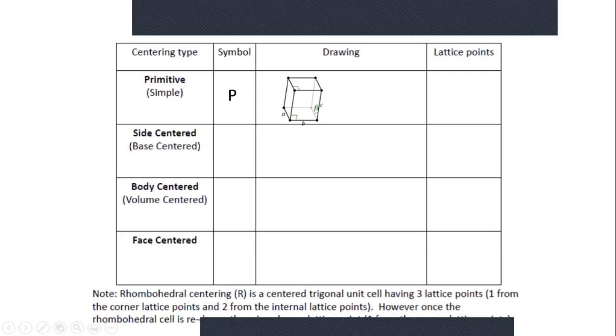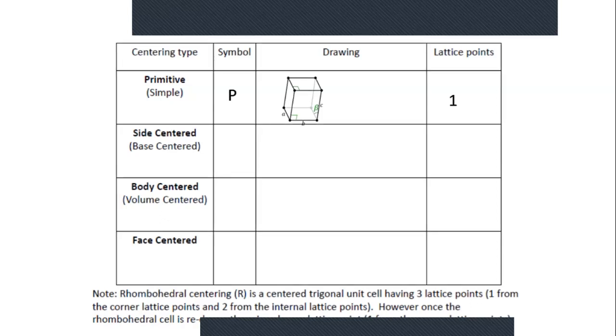Every lattice point is on a corner of the unit cell, and based on this, there's only one lattice point in a primitive unit cell, because remember, each corner connects to 7 other corners. So an atom on a corner is only 1/8 of an atom. Since we have 8 corners, 8 times 1/8 gives us 1.